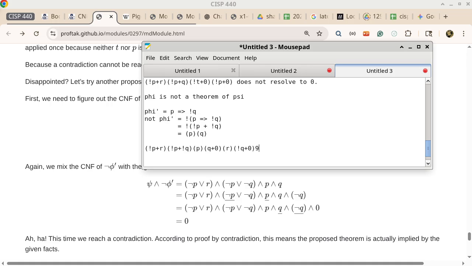Because the false is inside a gigantic conjunction, the whole conjunction is false. So phi prime and psi and not phi prime lead to a contradiction. By proof by contradiction, we now know that phi prime is a theorem of psi.